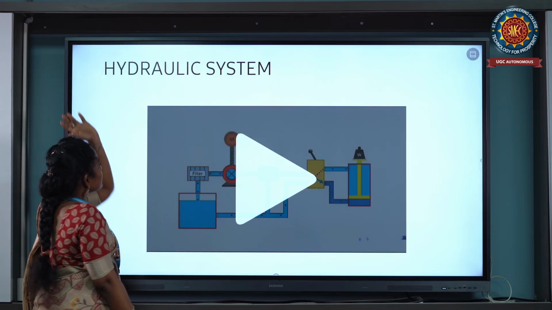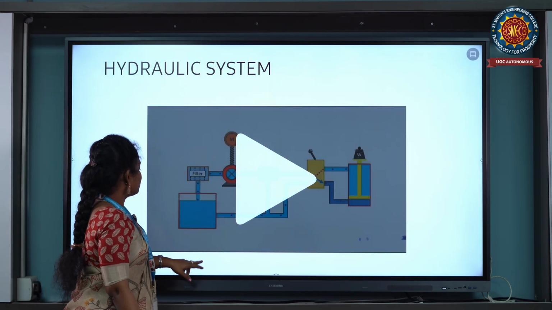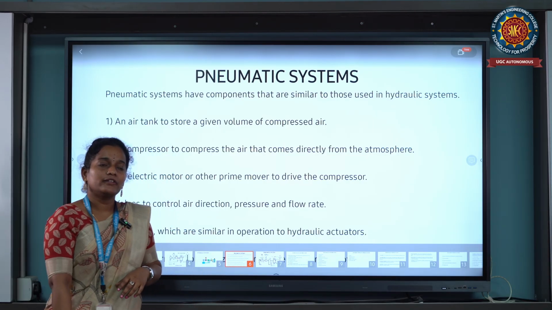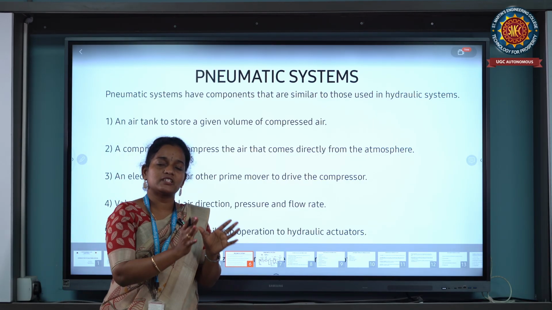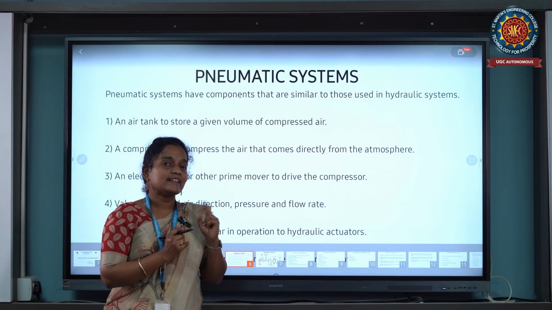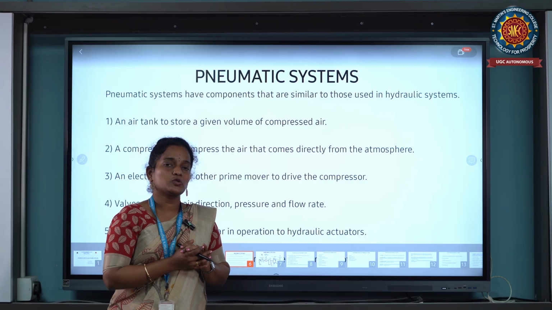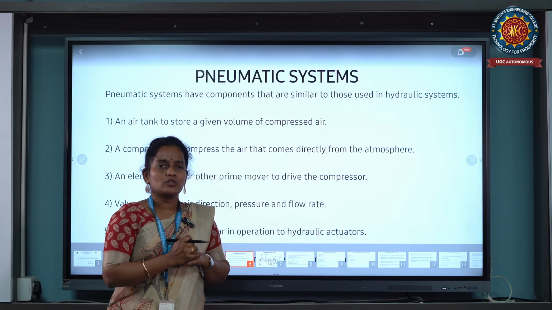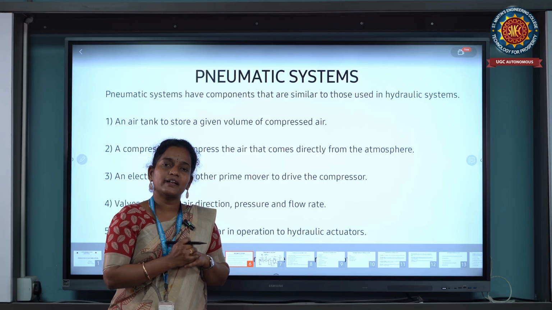Next one. What is the next type of system? See here, sixth one, the pneumatic system. We discussed that fluid power systems are generally classified into two types: one is the hydraulic system and the second is the pneumatic system. The hydraulic system is over, right? Next, the pneumatic system. What is the difference between pneumatic and hydraulic?